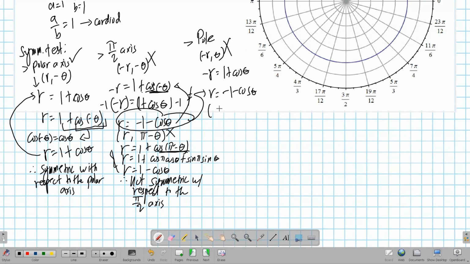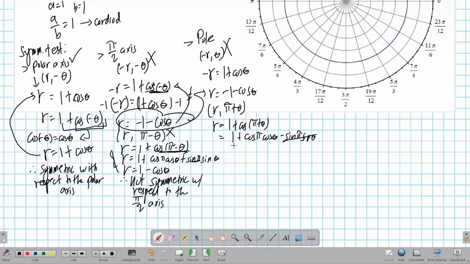If we replace this with (r, pi plus theta), then we would have to compute. r remains the same, so it becomes 1 plus cosine of pi plus theta. Using our sum identity, that is 1 plus cosine pi cosine theta minus sine pi sine theta. We know that sine pi is 0, so we cancel that, and cosine pi is negative 1.